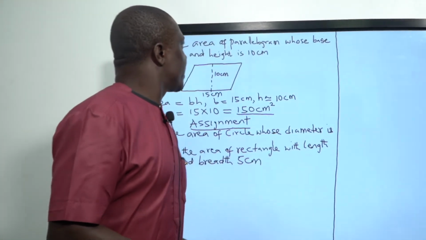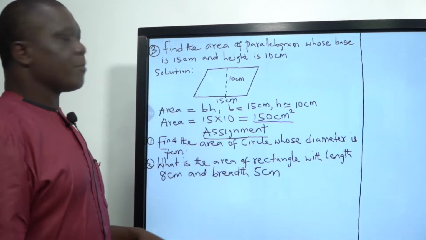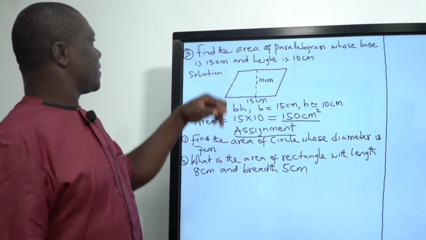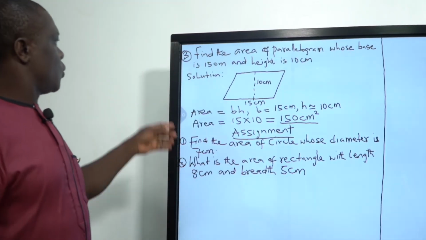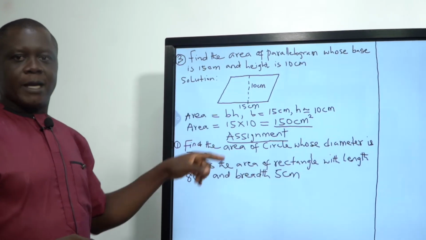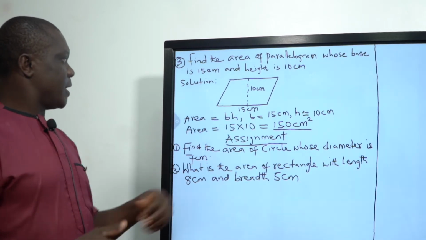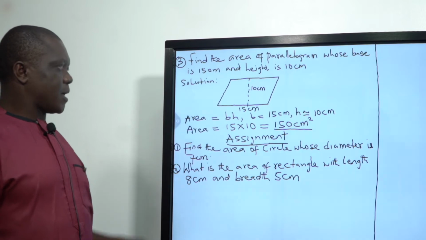Having given the second example, the third example is about a parallelogram. We say, find the area of a parallelogram whose base is 15 cm and the height is 10 cm. Solution: this is the diagram of a parallelogram. The dotted line there represents the height, while this line represents the base. We now say that area equals base times height.